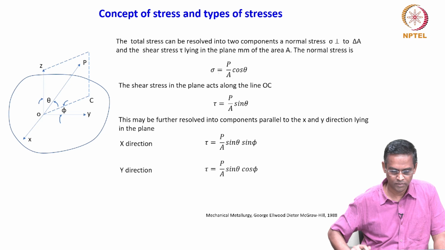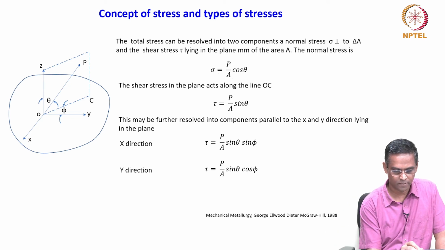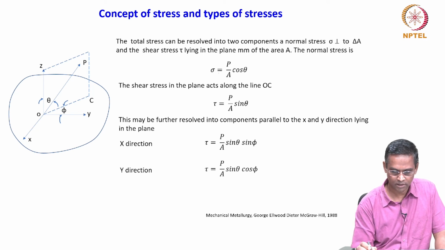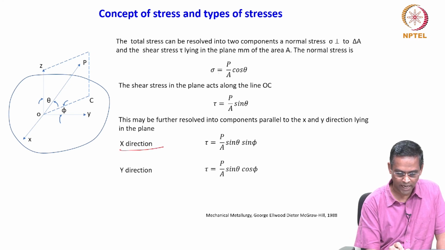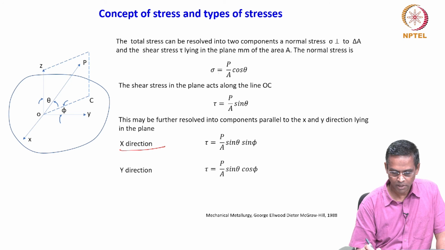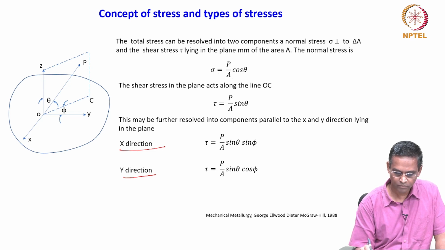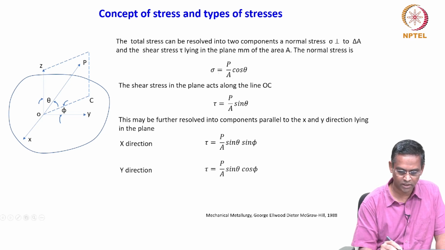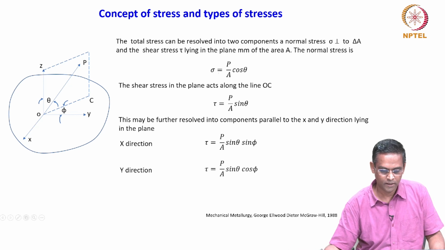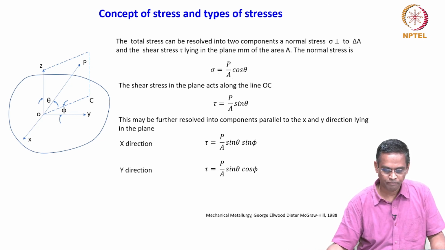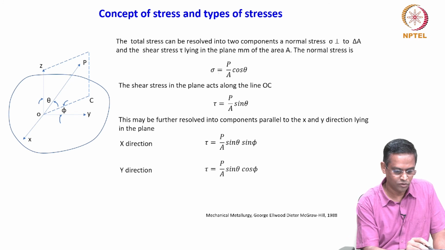So P by A sin theta is the shear stress, P by A sin theta sin phi is the shear stress acting in the x direction, and P by A sin theta cos phi is in the y direction. This is just a very convenient way of resolving the stresses.